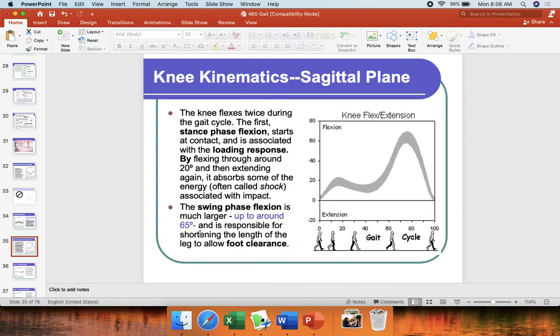It's responsible for shortening the length of the leg to allow for foot clearance. So here we get to about 65 degrees. You can see some slight variance. And then we're going to rapidly extend that knee as we approach this initial contact. So we go from 0, we flex, flex, flex, flex, flex. We have maximal flexion here through our mid-swing, about 65 degrees, back to initial contact.